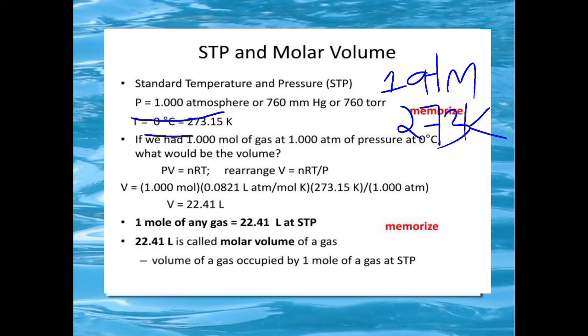So, any gas at 1 atmosphere and 273 Kelvin has 22.4 liter of volume. From experiments, it is identified that any gas at 1 atmospheric pressure and 273 Kelvin temperature contains 22.4 liter volume.